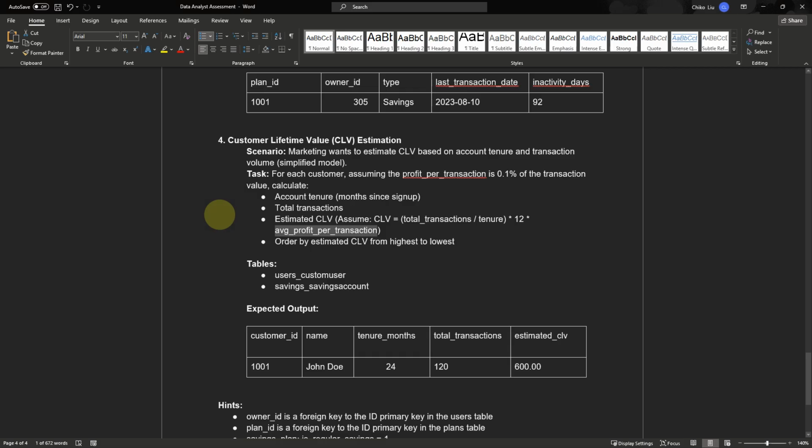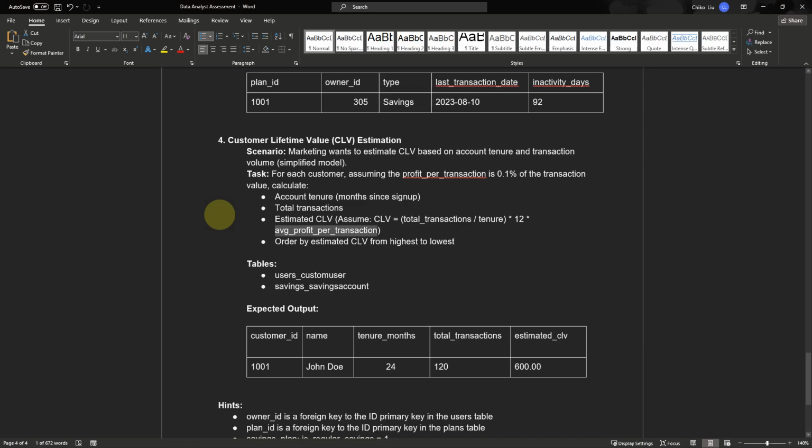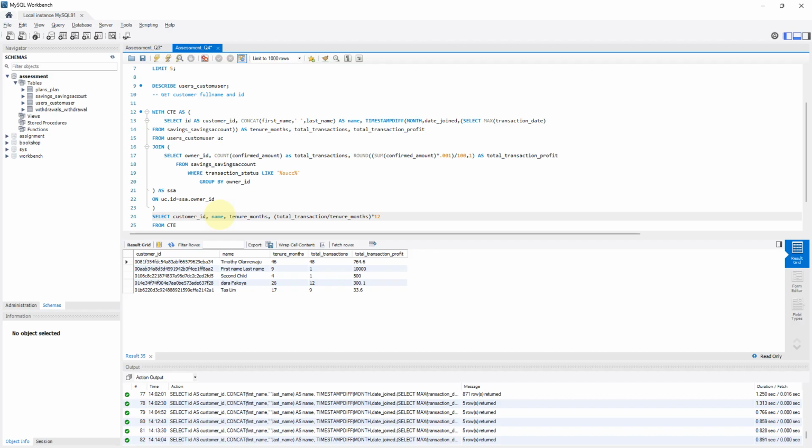What else do we need? We want our estimated_CLV, which is total transaction, which we already have. So we'll say total_transactions divide by tenure_months, then multiply by 12, then multiply by average profit per transaction. So we already have total transaction profit.